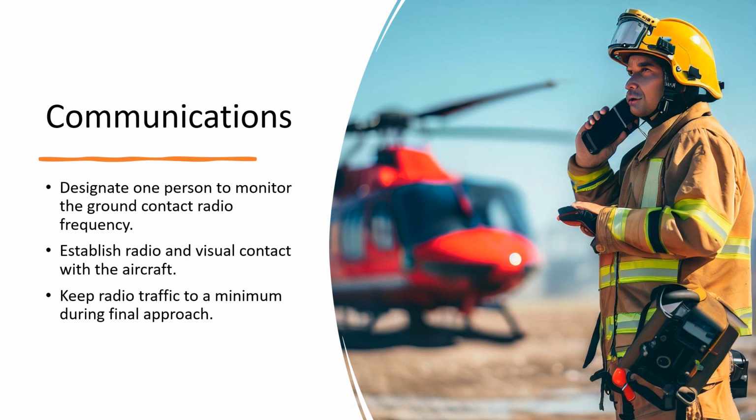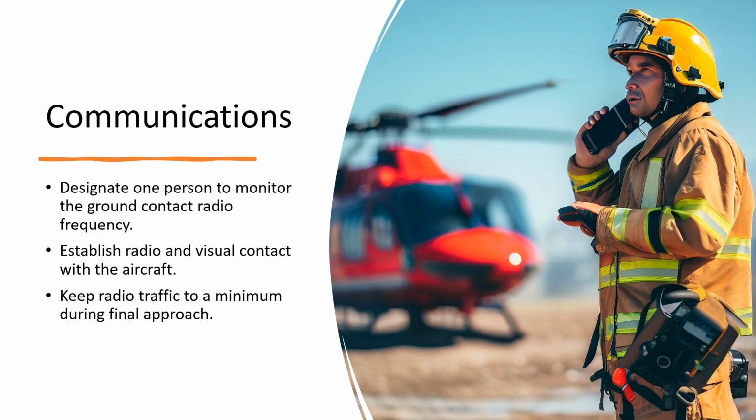So this needs to be something that you don't just walk away from once you've made contact with the aircraft. You've established comms, you've given them a good report of what to expect with the LZ, give them an idea of what type of obstacles are in the area, are there any wires that they need to watch for, and understand that wires are very difficult to see from a helicopter from above.